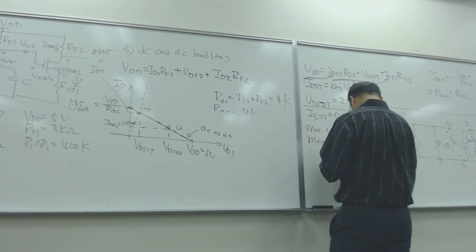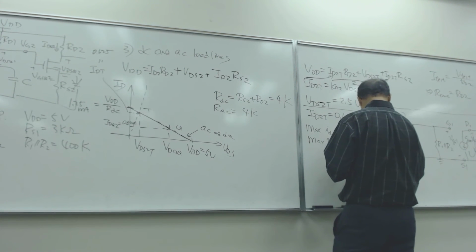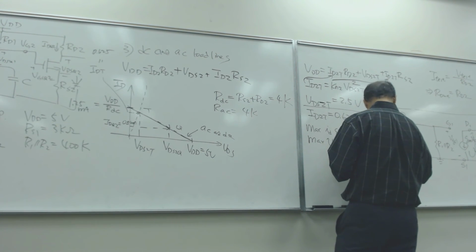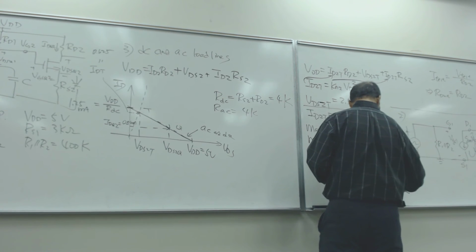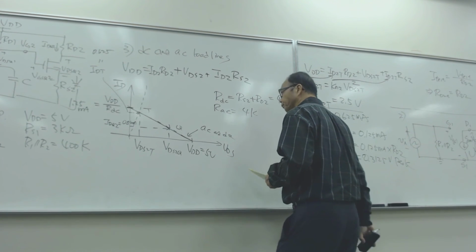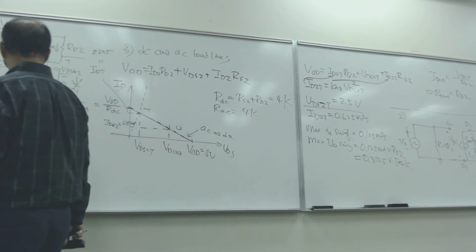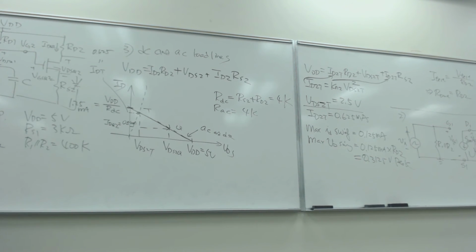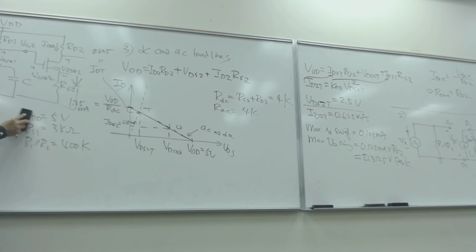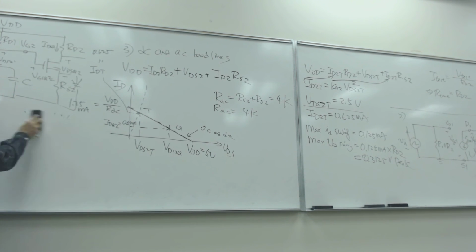So therefore this is 0.3125. So that's the maximum small signal voltage you can have without any distortion. Okay, I think we're done for this one, but let me see if I can do something else.